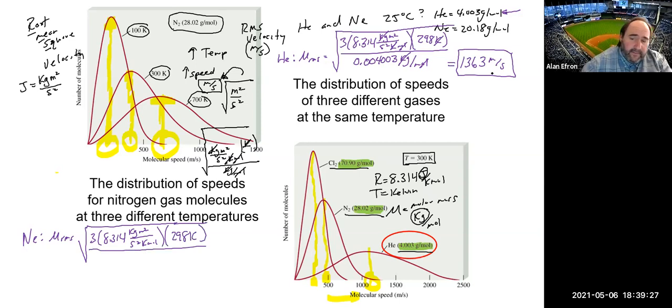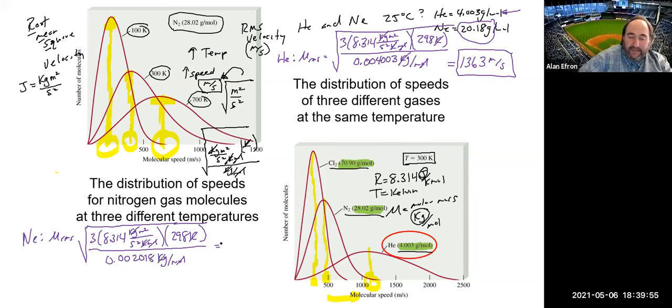Same deal with the molar mass here. We've got to make sure we get it into kilograms so it properly cancels. Basically divide it by 1,000 or move that decimal point over. Looks like we will end up with 0.002018 kilograms per mole. Again, moles cancel, Kelvin cancels, kilograms cancel, leaving us our meter squared, second squared.